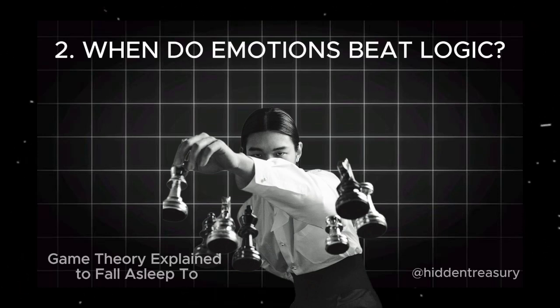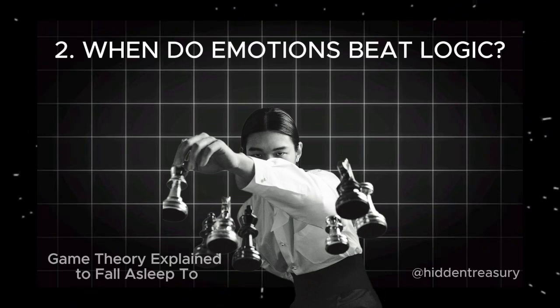In many situations, the best outcome depends on clear thinking. We expect people to look at the options, calculate the risks, and pick the smartest move. But humans don't operate like calculators. They get angry. They feel insulted. They want to be respected, not just rewarded. And those feelings can change the outcome entirely.